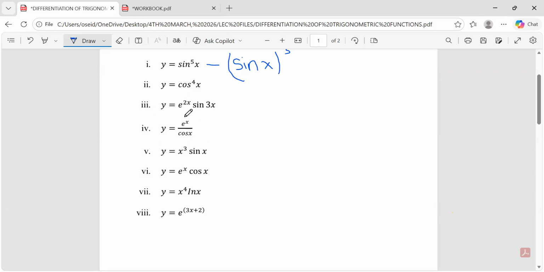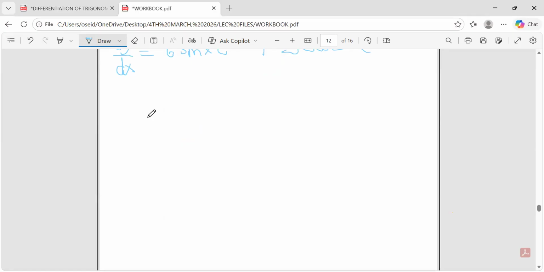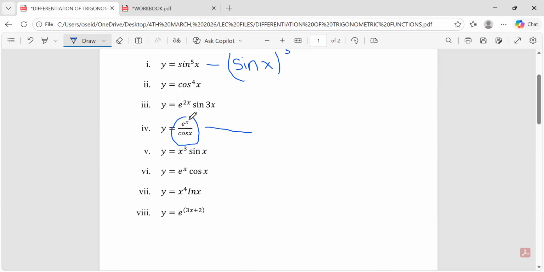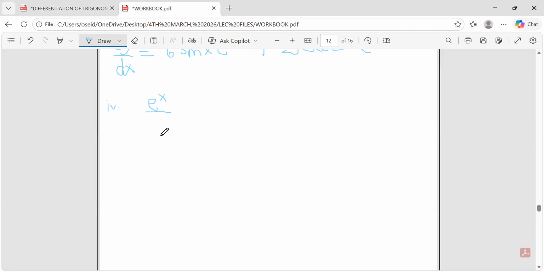So don't worry. Let's move on to the next one, which is a quotient. We are going to use the quotient rule for this because we have a fraction. So it says e to the x over cos x. Today we have a lot of examples.